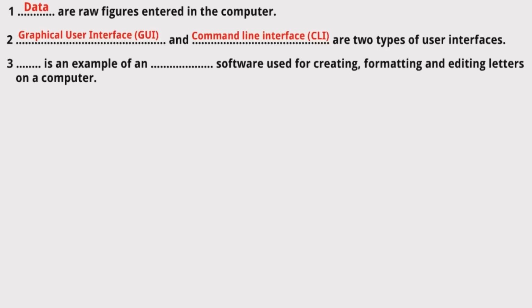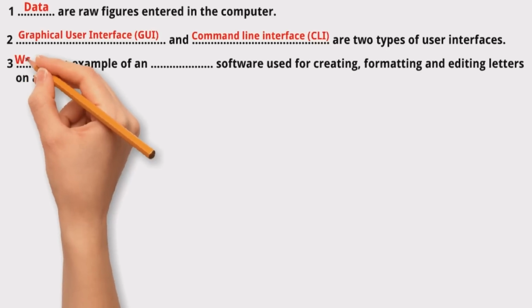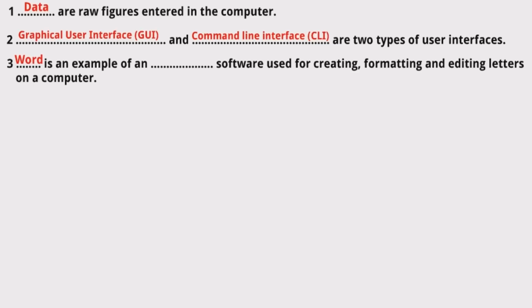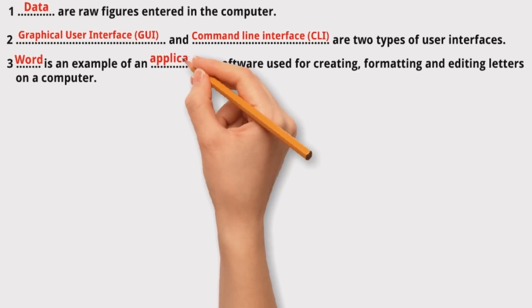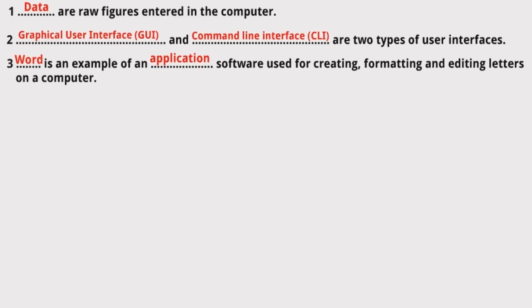So there we can say Word or word processor, but Word is okay. So Word is an example of an application software used for creating, formatting, and editing letters on a computer.